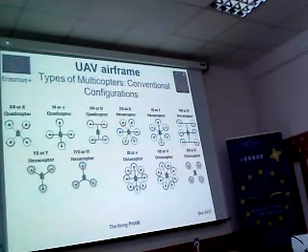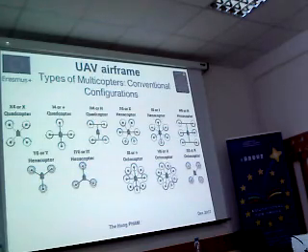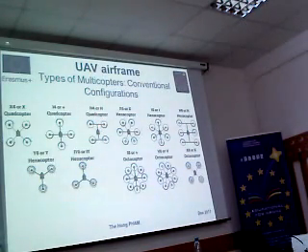And for the H configuration, the head will be between this. So this axis will split the four rotors into two parts. You can see here, this is the left and the right.